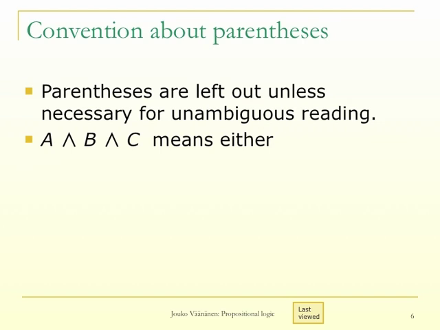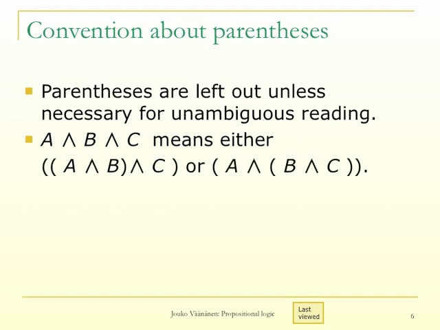Accordingly, A and B and C means either ((A and B) and C), or (A and (B and C)). Similarly for A or B or C.